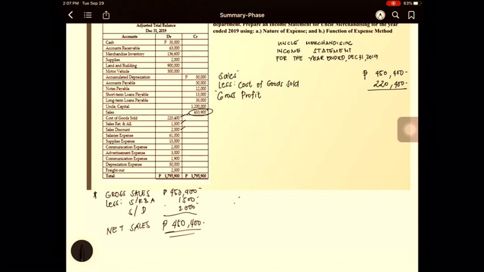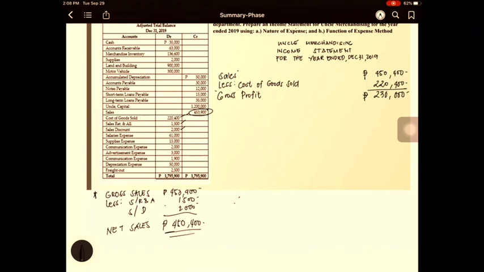When you say gross profit, it is really the amount of the markup that the business earned from selling that particular product. So in this case, the markup or the gross profit amounted to how much? 450,400 minus 220,400. So we should get a gross profit amounting now to 230,000 pesos.